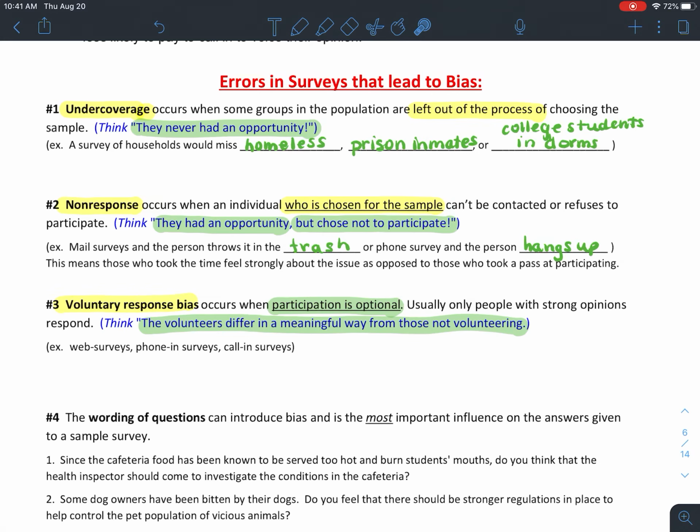People who choose to respond generally feel that they want their responses to be heard. Maybe they feel strongly about a certain issue. And so this is when you tend to get your results to either over or underestimate, because those who are choosing to respond feel strongly about the issue per se.